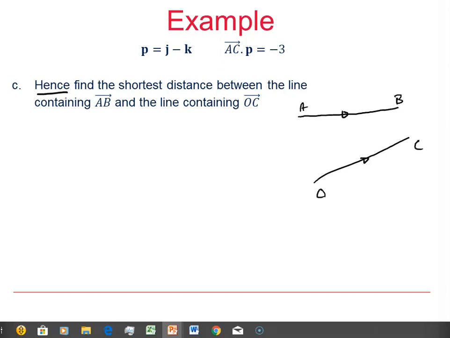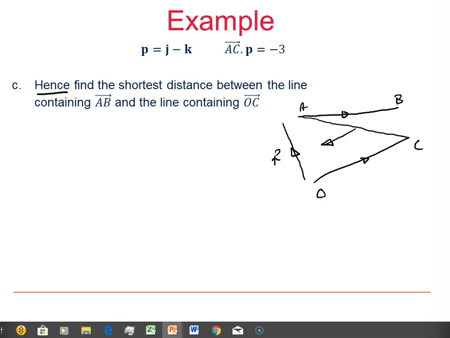And the cross product gave us a vector in the direction joining those two lines. We then found a line joining 2 points on the lines, so the vector AC, and we formed the dot product, so we projected that onto the vector P.